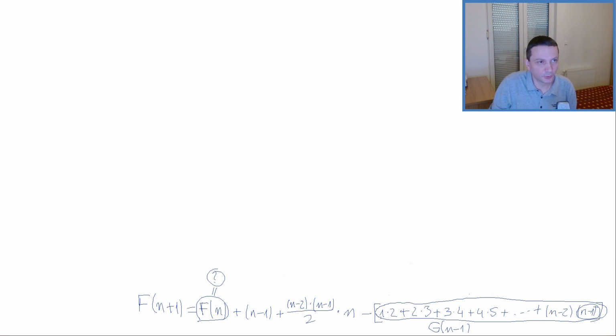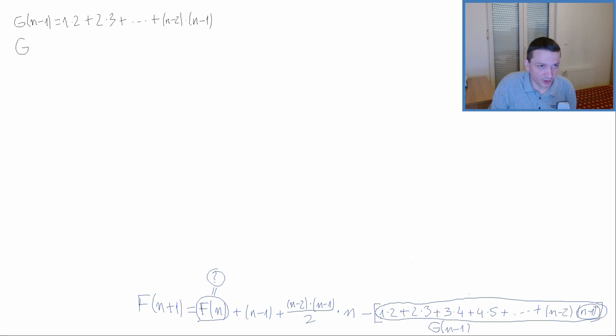And now I'm trying to calculate this g of n minus 1, which is nothing but 1 times 2 plus 2 times 3 plus until n minus 2 times n minus 1.